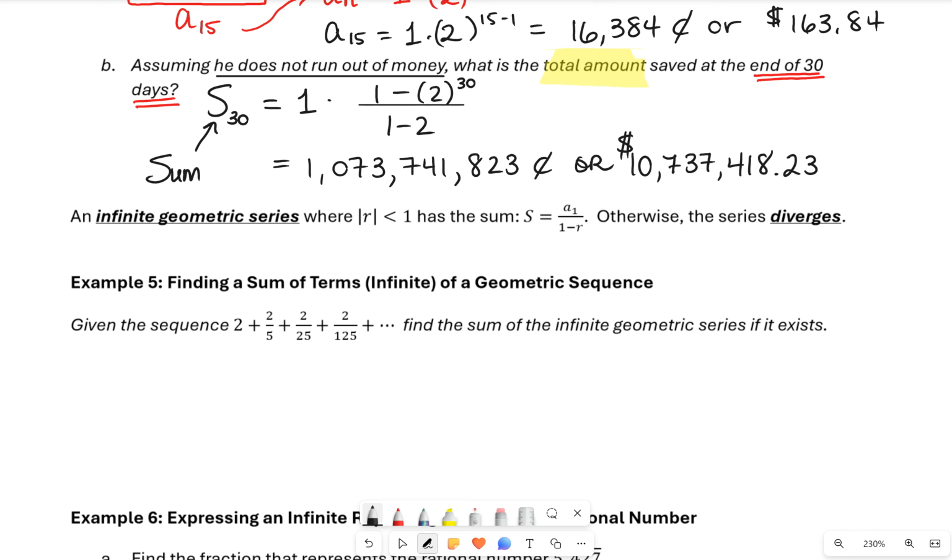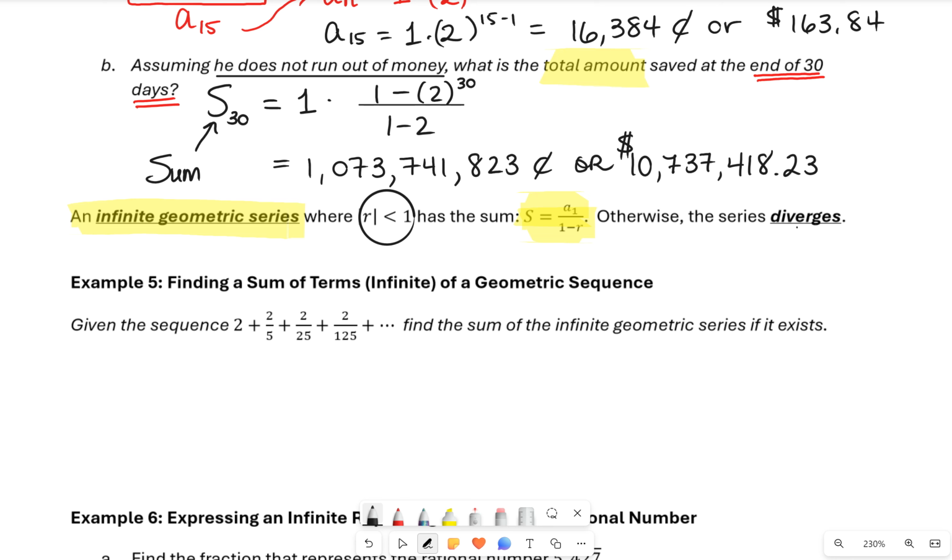Now, here's the second formula for sum. S equals a sub 1 over 1 minus r. This has to do with an infinite geometric series. But you must always make sure that the absolute value of r is less than 1.